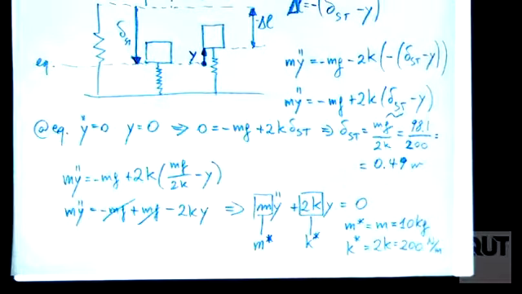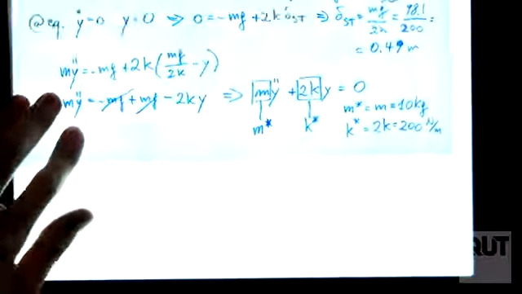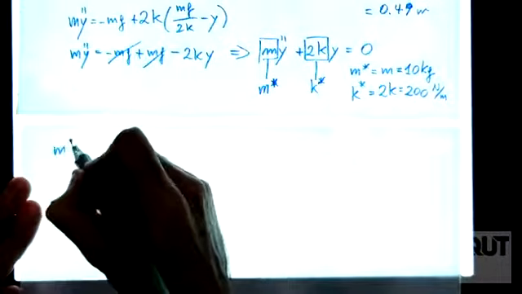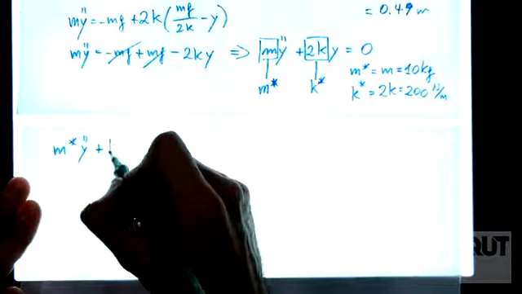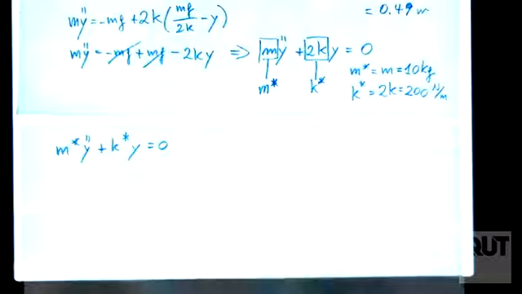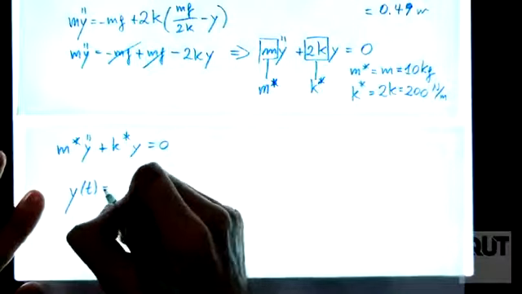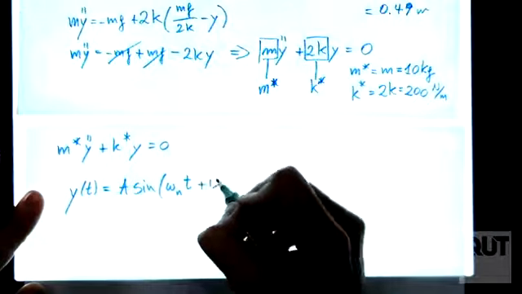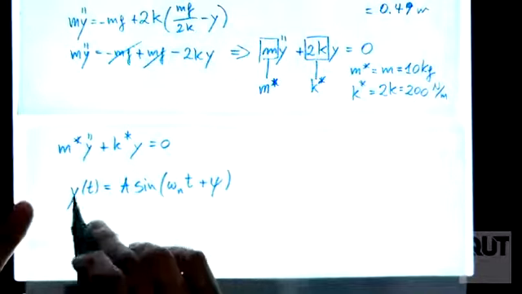So what do I do now? Well, I have my equation, and I know the answer, because my equation is now m star y dot dot plus k star y equals 0, where m star is this number, k star is this number. So I can immediately calculate what? I know my solution is going to be y(t) equal A sine omega n t plus psi. I know because this equation always has this kind of solution.